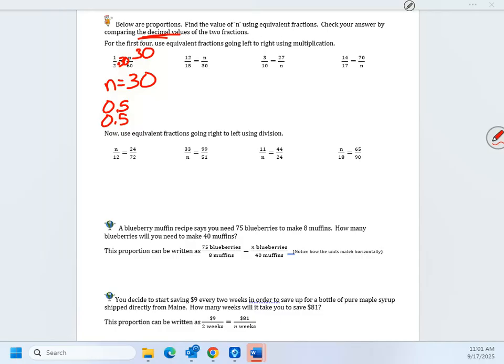What's 72 divided by 12? Finley? 6. So if I divided on the bottom, scale factor, I need to divide by 6 on top. What's 24 divided by 6? Elliot? 4. So I know n equals 4.